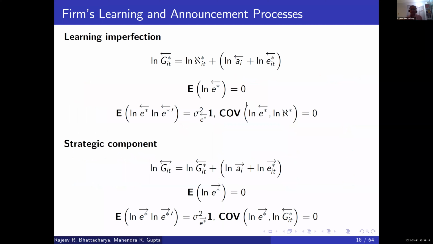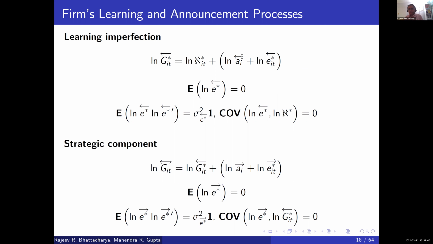So that's the firm's learning and announcement process. The first is the learning imperfection. The log of GIT left arrow star is a function of the actual earnings plus this learning imperfection EIT star left arrow, and we allow for a systemic component.